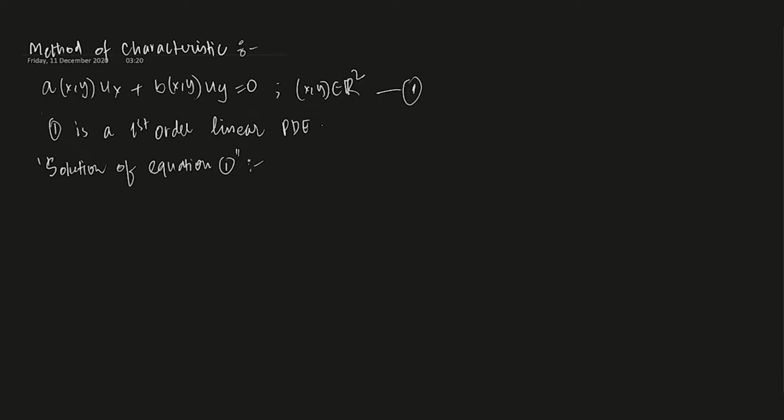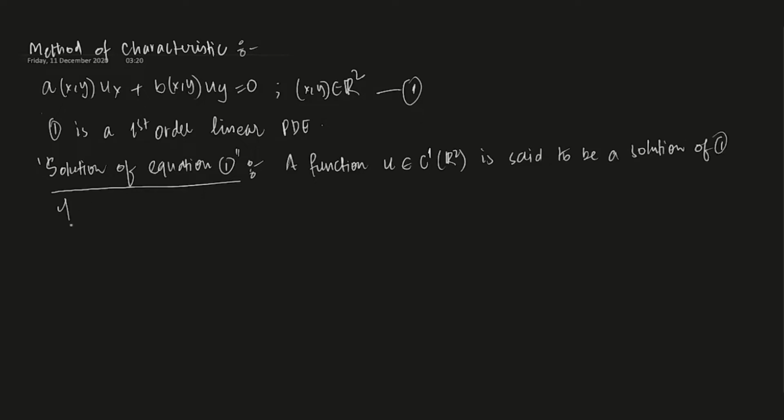Whenever we say solution of a first order equation, what we generally mean, most of the time for this course at least, is a function u in C1 of R2 that is said to be a solution of 1 if u satisfies 1 for all x,y in R2.